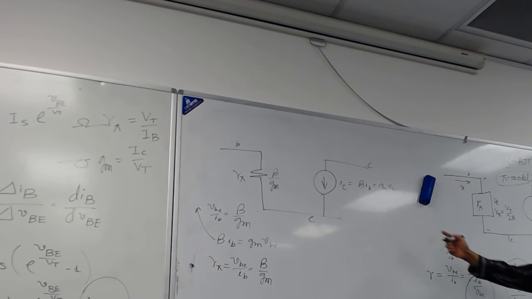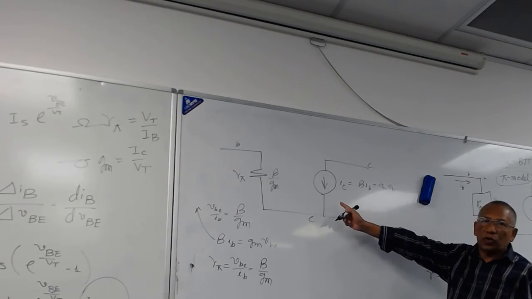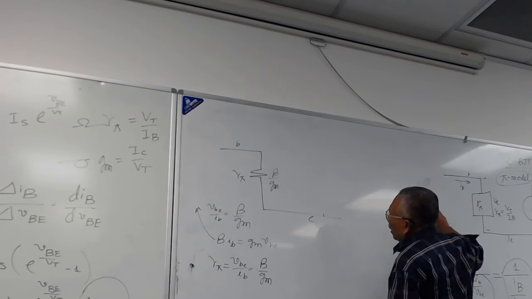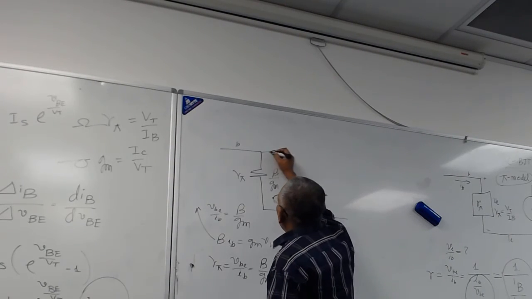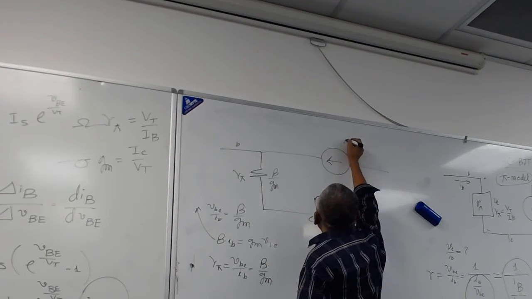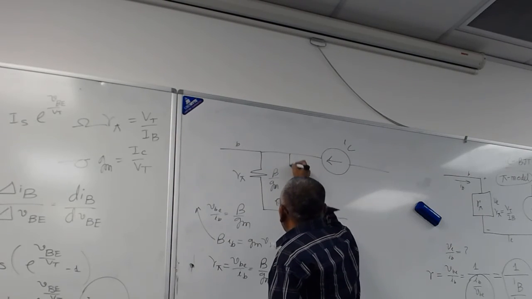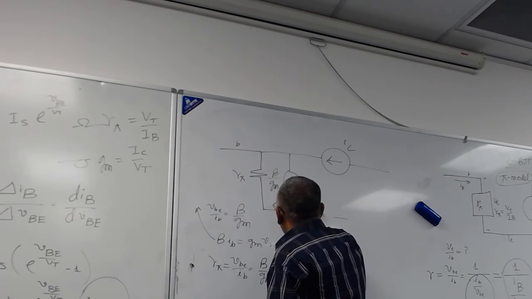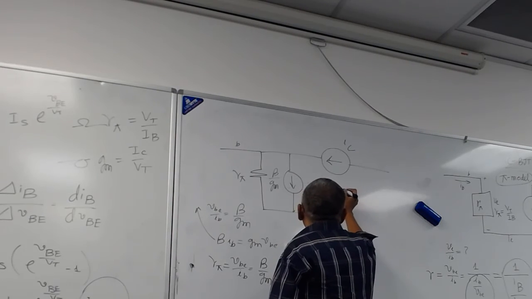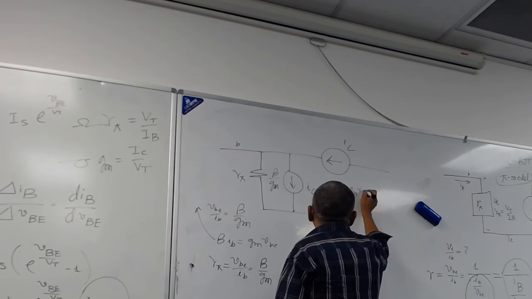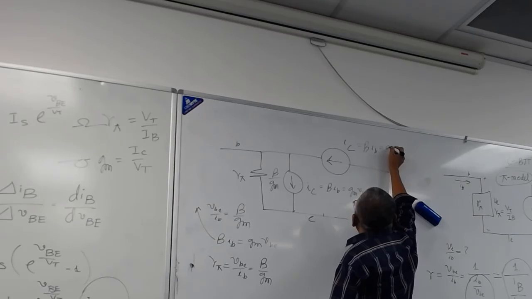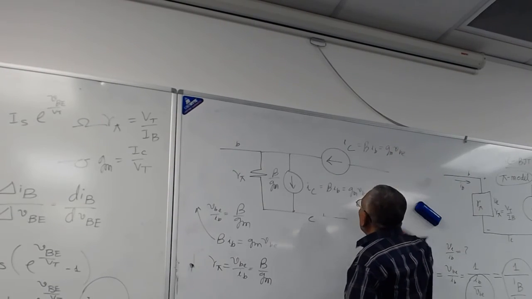So what I'm going to do is take this current source and disconnect it from here, and supply this current source into the base, IC, and then from the base I'll take it away and put it back here, IC, which is equal to beta IB equal to GmVBE.